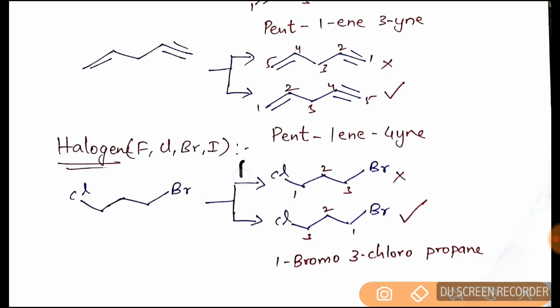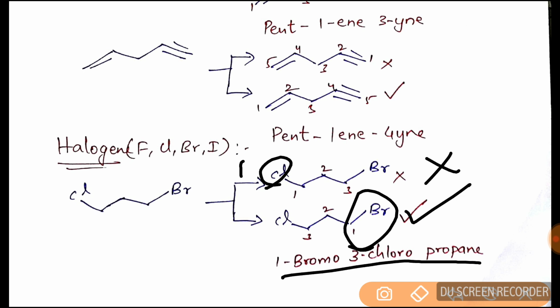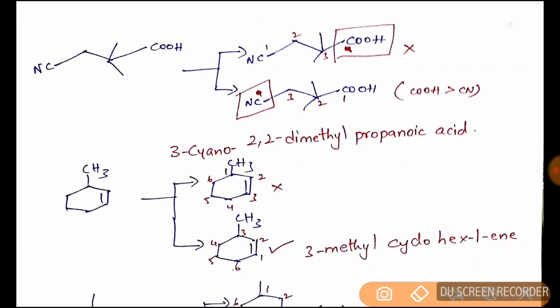In the first case, the numbering is given according to chlorine, so this is wrong. In the second case, the numbering is given according to bromine, so this is correct. And this is the IUPAC nomenclature. Okay, so these are a few examples from the order of priority table, guys. You could just pause the video and note down the examples and practice.